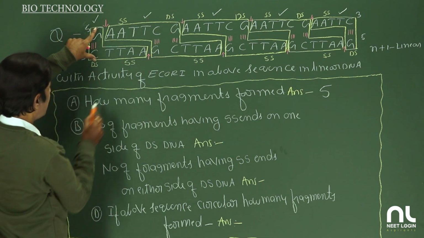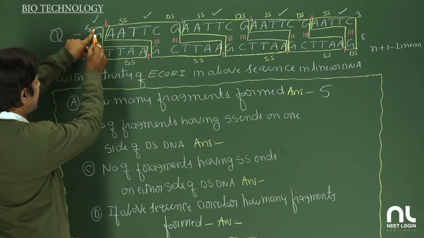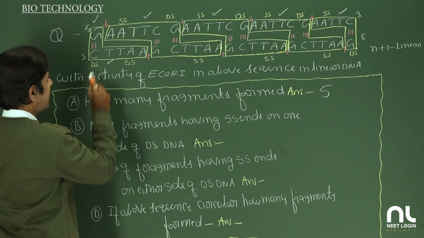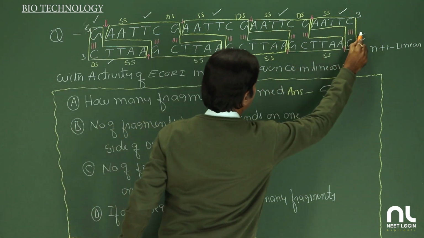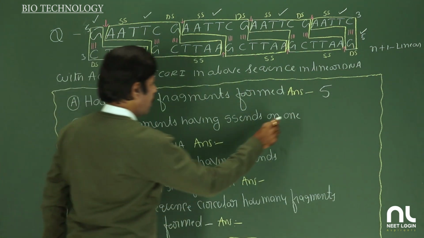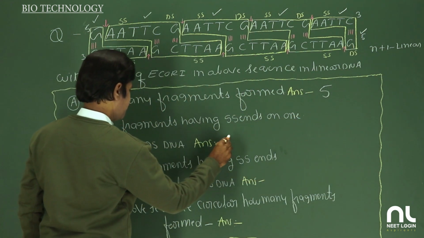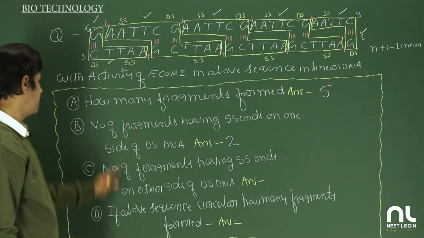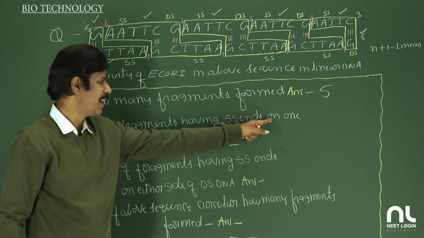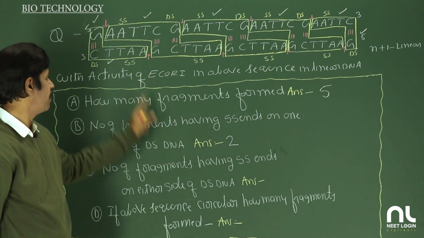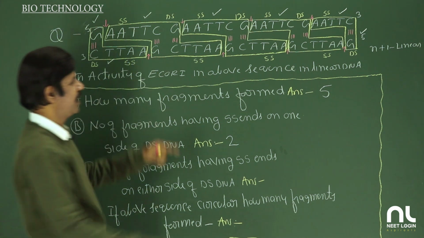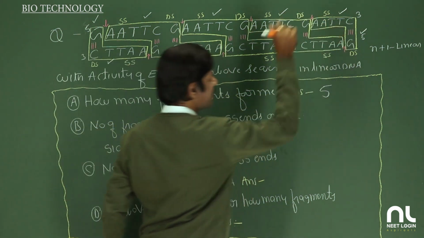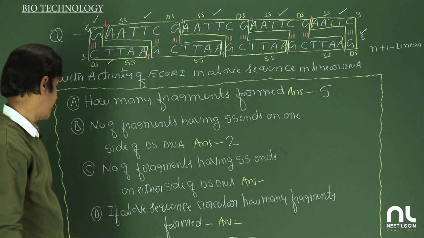Number of fragments having single stranded end on one end of double strand DNA: this is 1, and this is 1, so it is 2. It is double strand DNA with a single stranded sticky end.